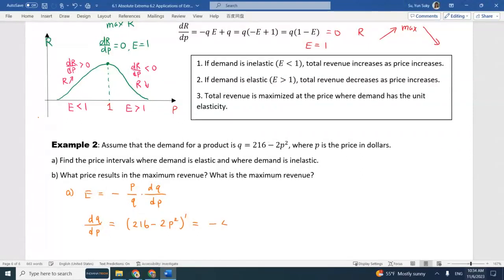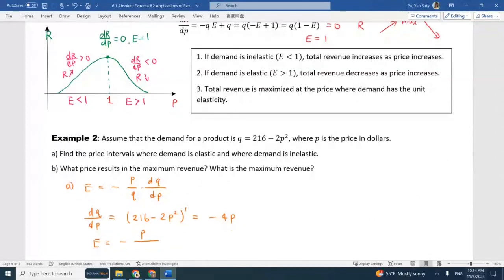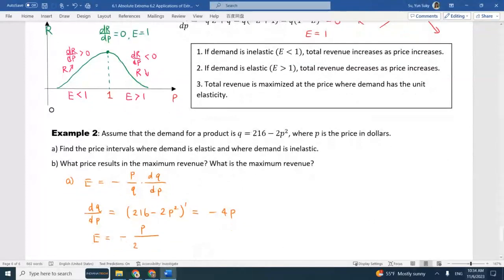Negative 4p. Yes, the derivative of 216 is 0, and then that one is the power rule. Okay, good. Now our E is, plug in negative p. Q is what? 216 minus 2p squared. Yes, everybody? And times the derivative, which is negative 4p.